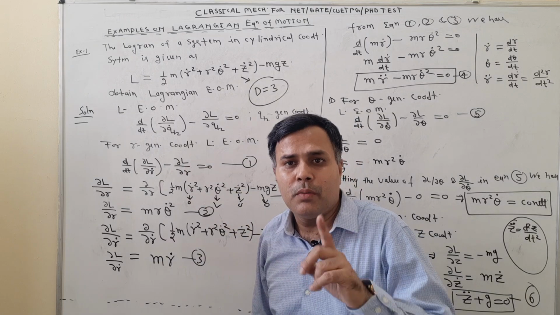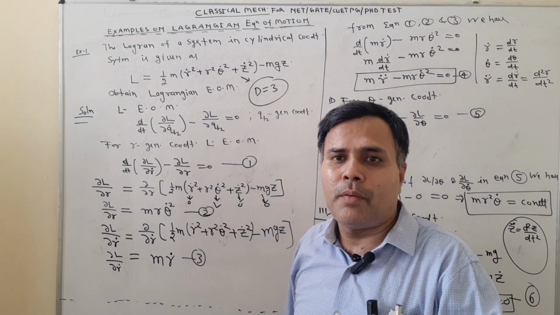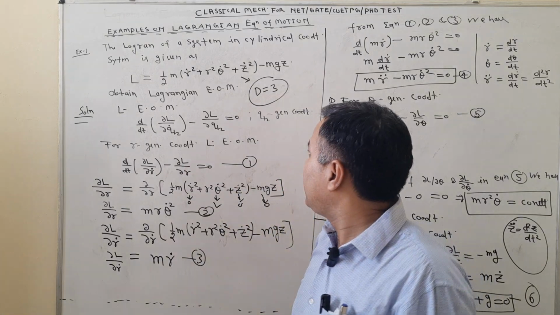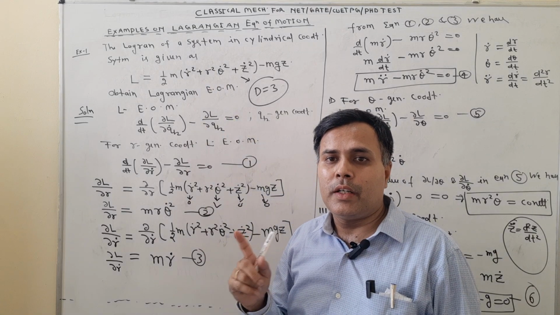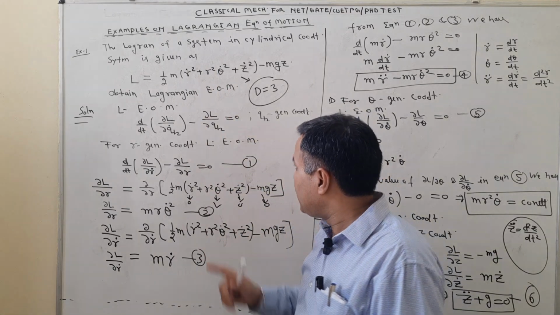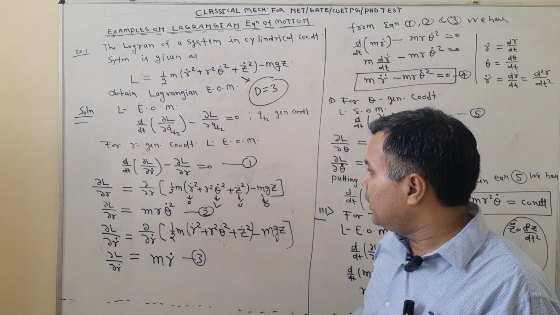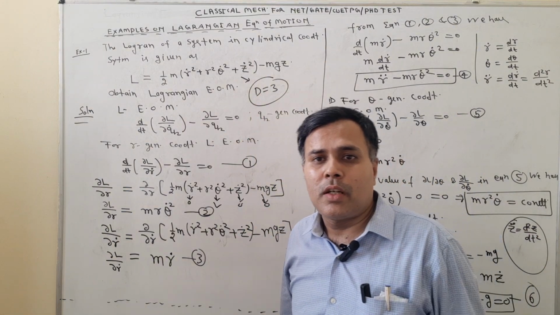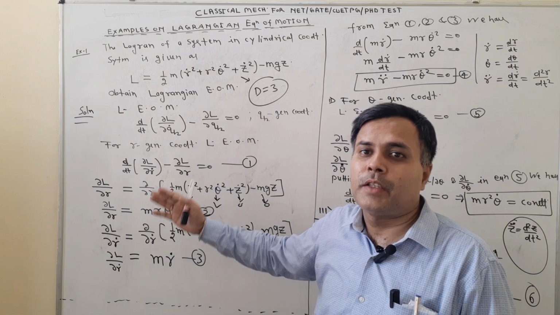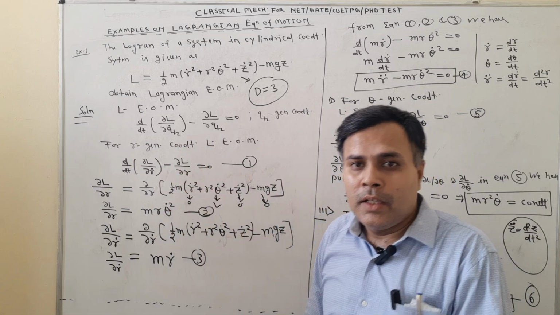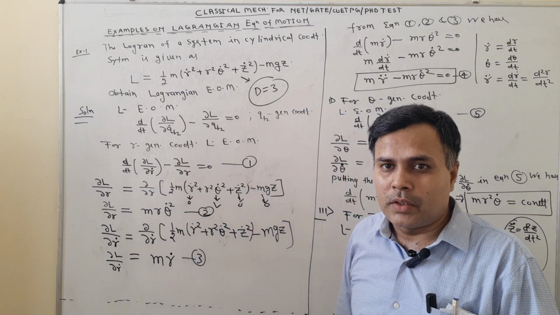Directly, without using the 3n minus k formula, you can take that there are three generalized coordinates, and we know the number of generalized coordinates is equal to the number of degrees of freedom. So there are three degrees of freedom. And how many Lagrangian equations of motion? Because we have three generalized coordinates, there are three Lagrange equations of motion.